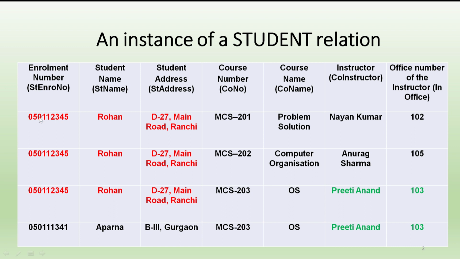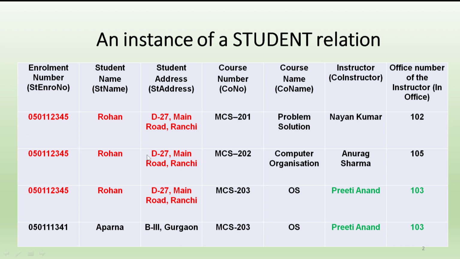For example, the student with enrollment number 050112345, his name is Rohan, and he resides in some place in Ranchi. This information is repeated in these three tuples: the first tuple, second tuple, and third tuple.